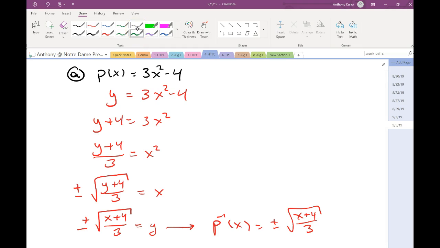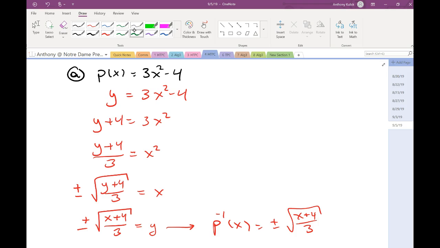Did you guys notice anything about p inverse of x? No. That's fair. The answer is no.